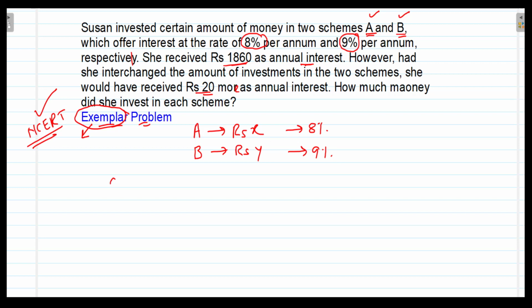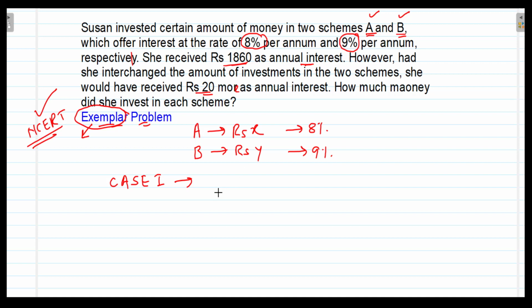Case 1 says the interest she received is rupees 1860. So 8% of X will be the interest from scheme A, and 9% of Y will be the interest from scheme B, and therefore the total interest will be 1860.